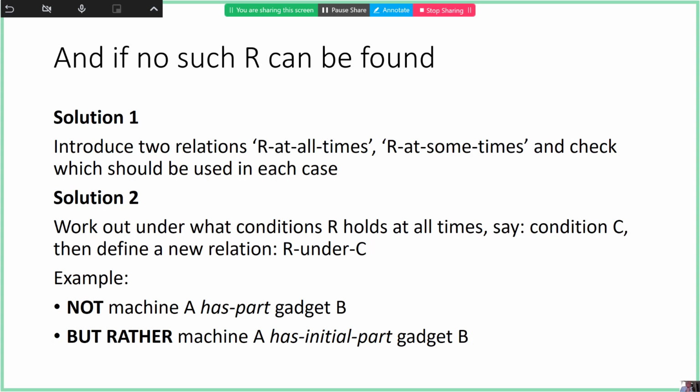There are very many users of BFO ontologies who are also involved in working on statistical relations or NLP relations. People who use BFO to support NLP are quite happy to have lots of at-sometimes relations.